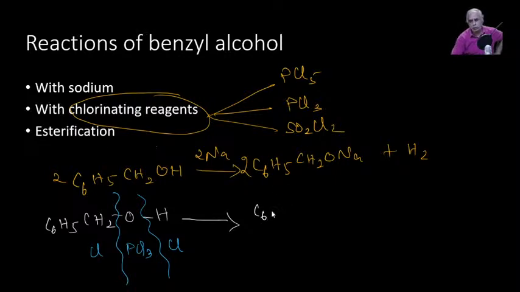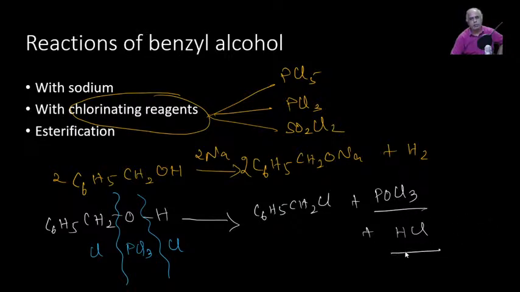So C6H5CH2 is a very good chlorinating agent. So chloro, what is that? Benzyl chloride, not toluene, benzyl chloride. Then plus POCl3, that is PCl3 plus O, POCl3 plus HCl. So remember, these two are the standard byproducts.